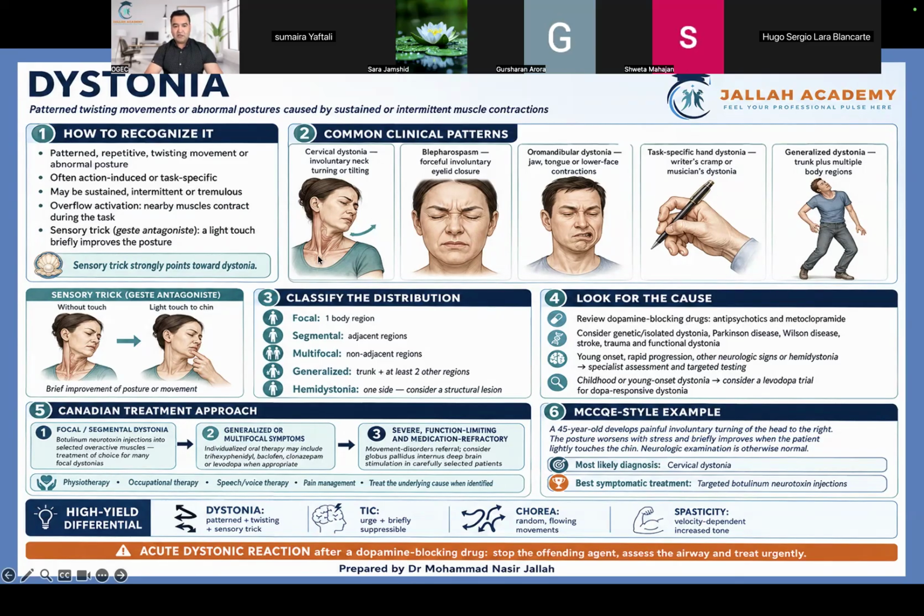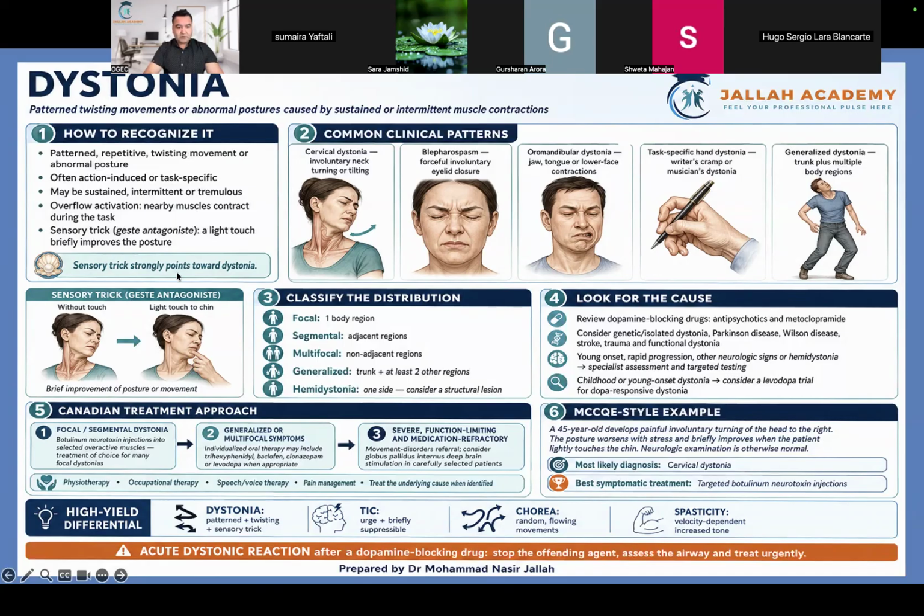For the focal, it's one body part; segmental, adjacent regions; multifocal, non-adjacent; generalized, trunk plus at least two other regions; hemidystonia, one side, consider a structural lesion. If it is one side, it is usually a structural lesion. So when you touch like this, the patient gets better.